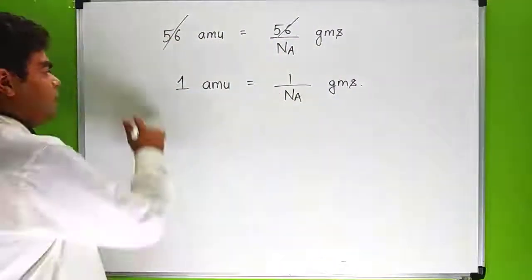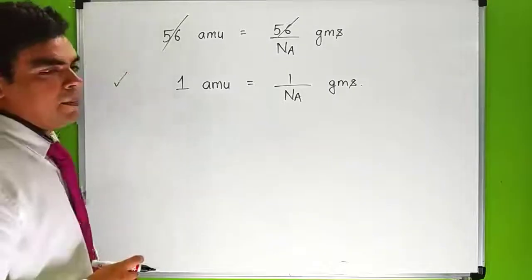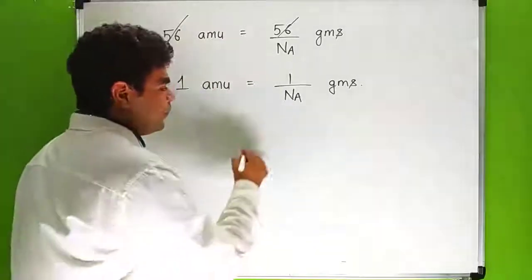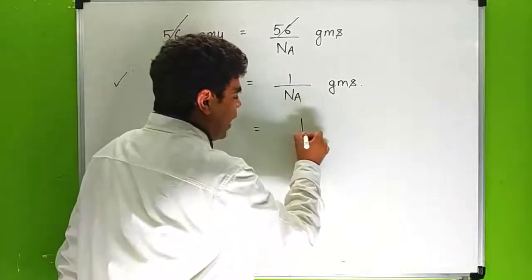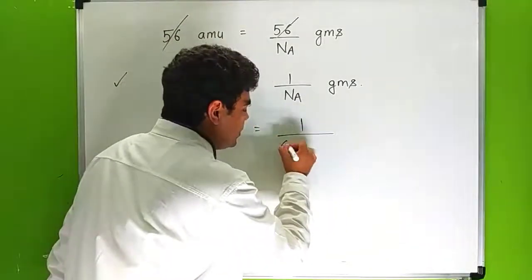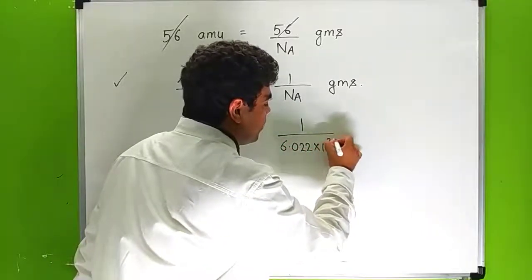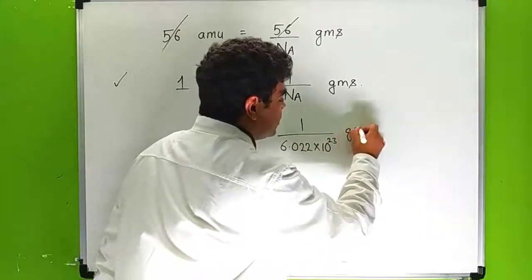So that is something which you should remember. If we substitute the value of Na, which is the Avogadro's number, it is 6.022 into 10 to the power 23 grams.